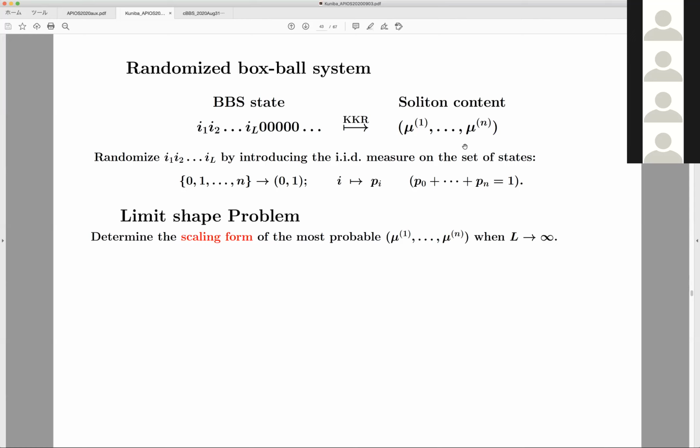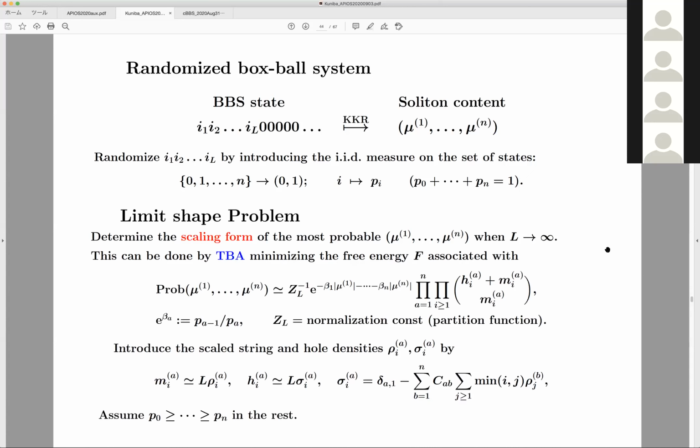And combined with the L to infinity limit, it leads to the so-called limit shape problem. So determine the scaling form of the most probable soliton content when the system size goes to infinity. That's the first basic setting of the first main problem, right?